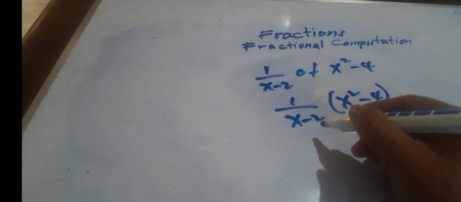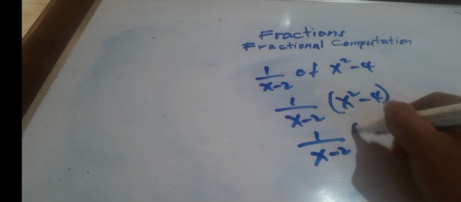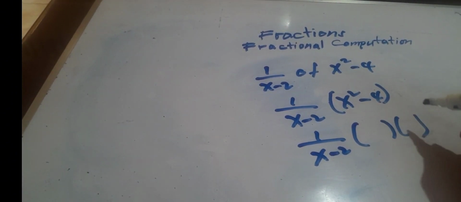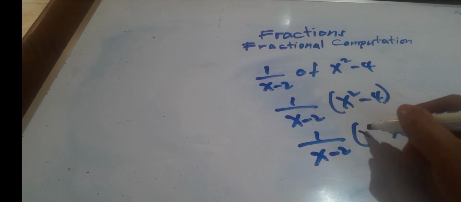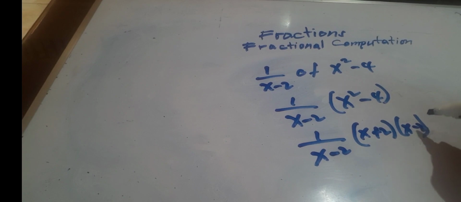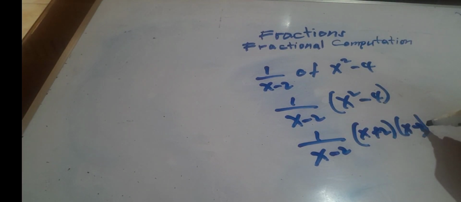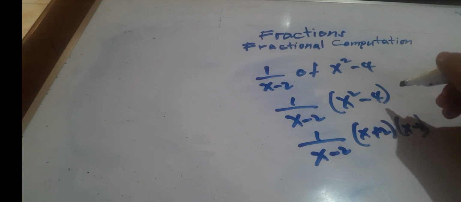Let's continue to compute. 1 over x minus 2 times the factors of x squared minus 4, that is x plus 2 times x minus 2. x times x is x squared, and positive 2 times negative 2 is negative 4.